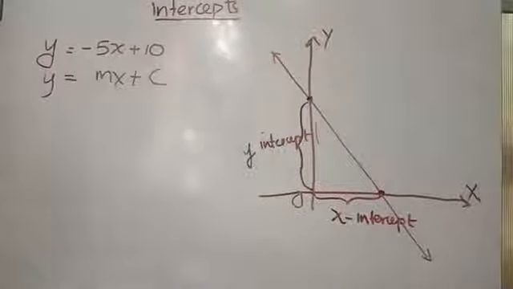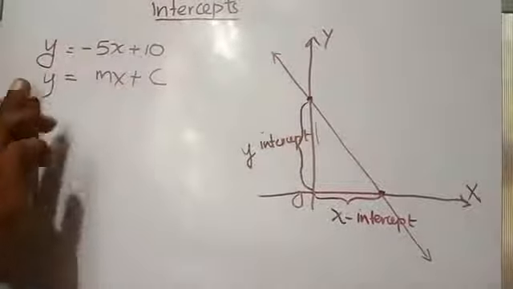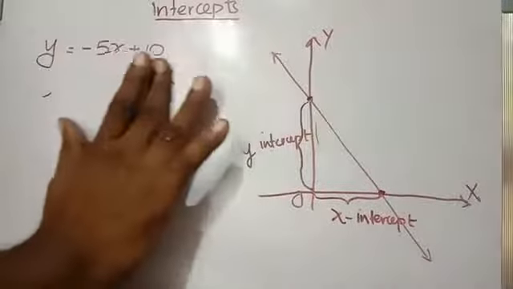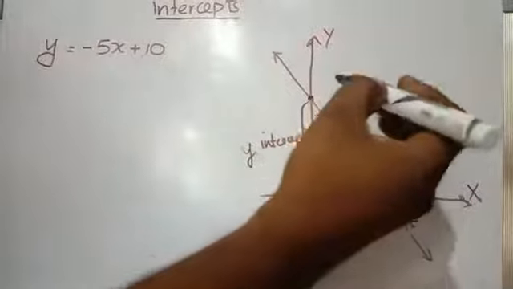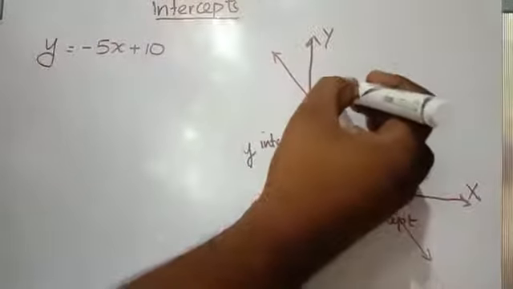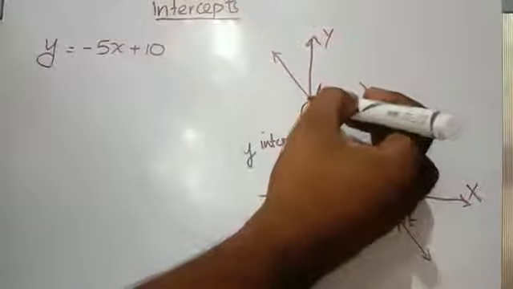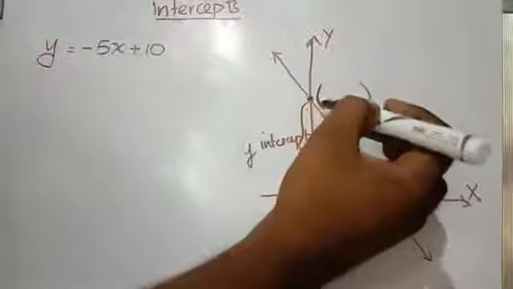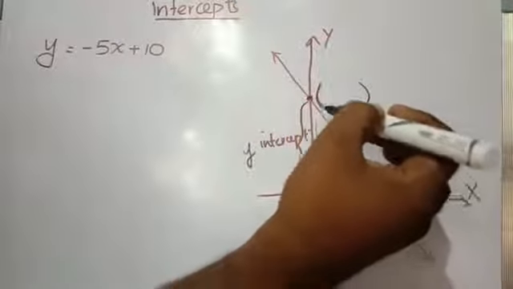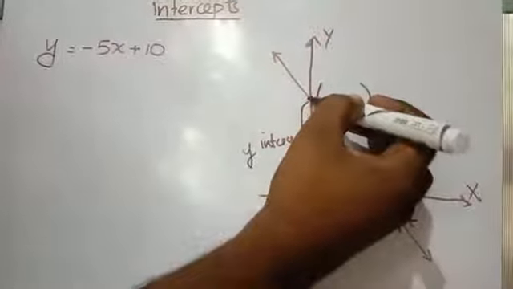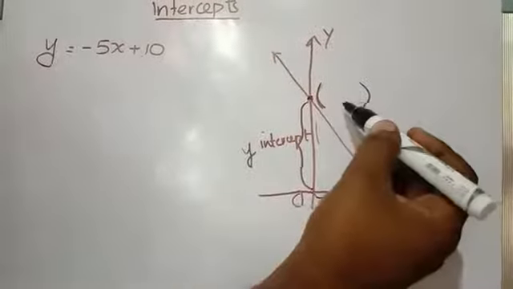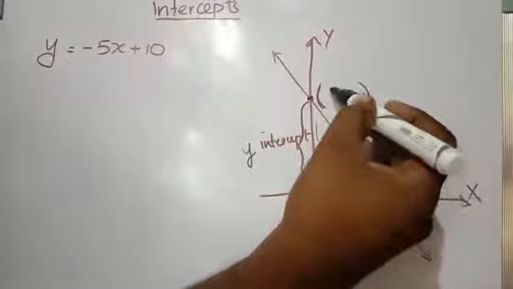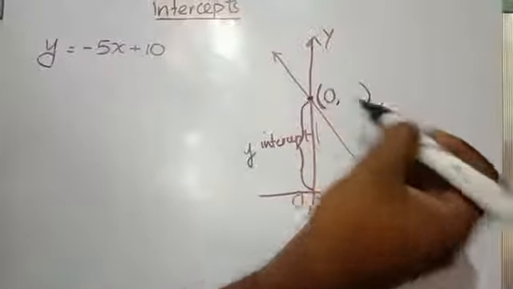This is one method. With the help of a graph, how to find intercepts we'll discuss now. Look at this point. This is a point on y-axis, and we know a point on y-axis makes x value 0.